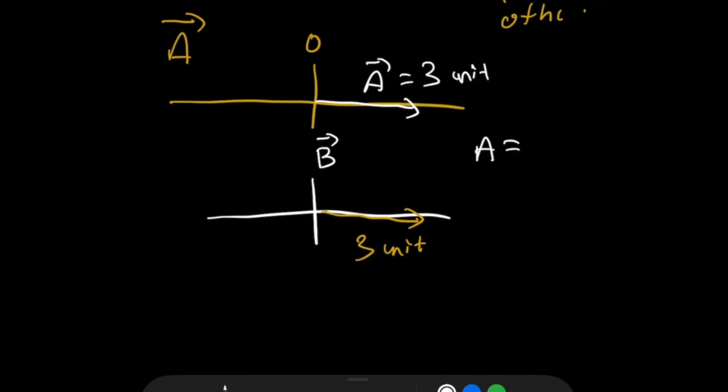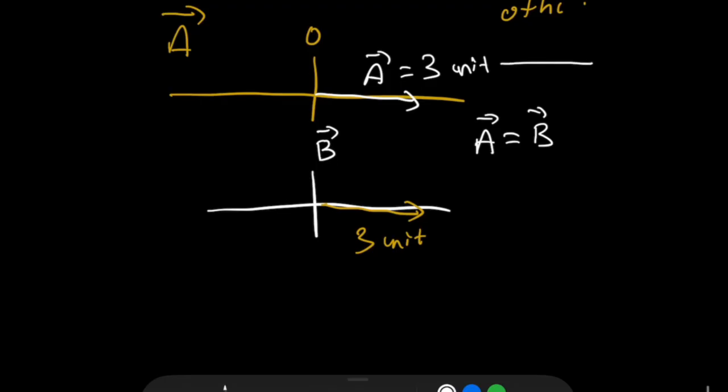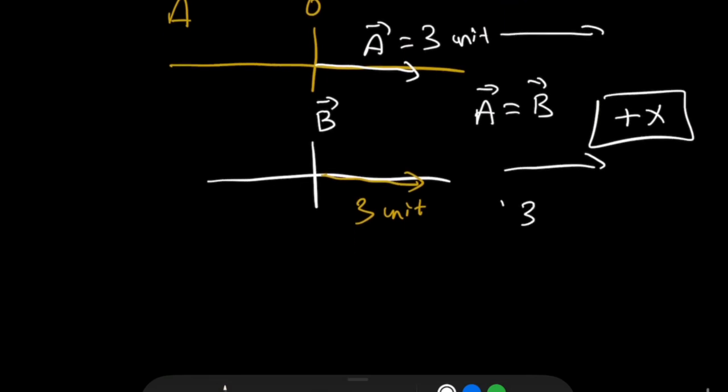A vector equals b vector because they both have x direction, positive direction, and the magnitude, they are the same.